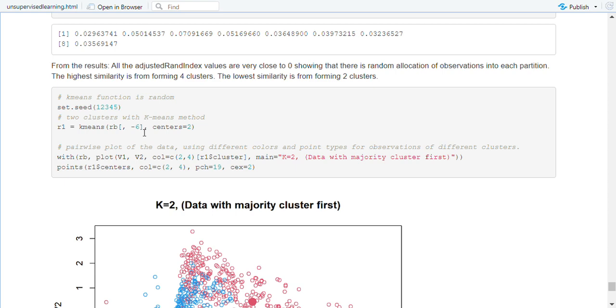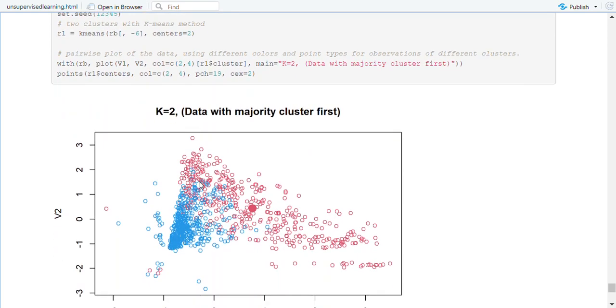centers equal 2. Pairwise plot of the data using different colors and point types for observations of different clusters with R B, plot V1, V2, col equal c(2, 4) square bracket R1 at cluster, main equal k equal 2 data with majority class fetched, points R1 at centers, col equal c(2, 4), pch equal 19, cex equal 2, and we get this.